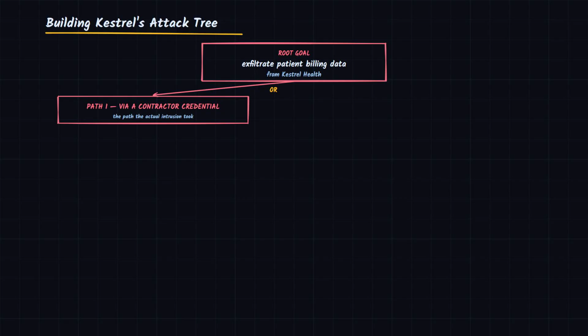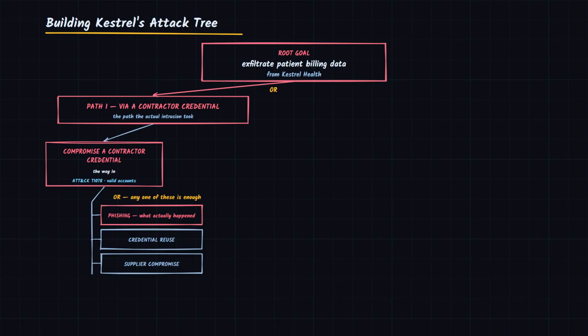Once that leaf is reached, reaching the goal isn't automatic. It requires an AND chain underneath it. The compromised credential has to actually reach the billing service, which requires the trust boundary gap we spent last episode on: no re-verification once inside the shared zone.